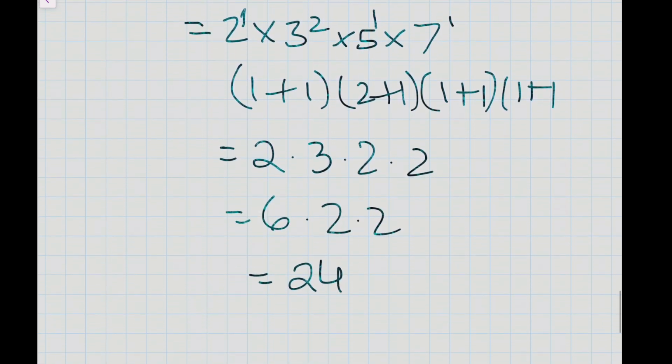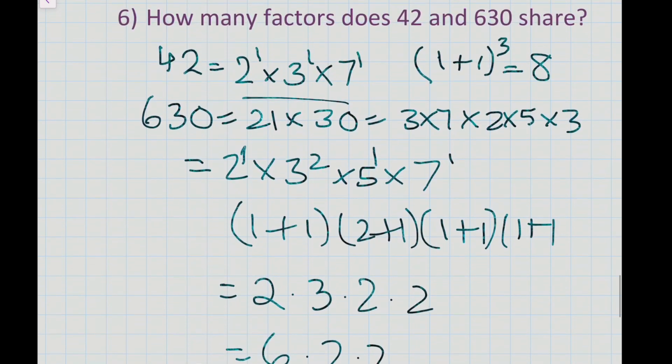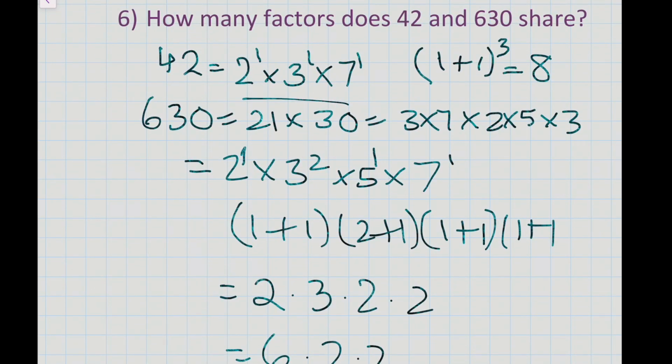So how many factors are common? We find how many factors there are for both, but that does not really help us much.